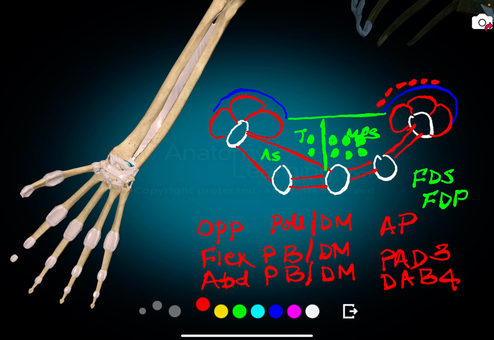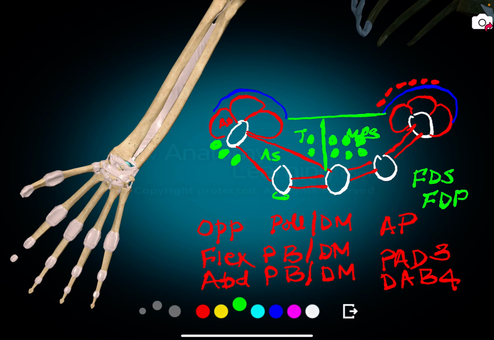After this, you see this is the abductor pollicis brevis, and adjacent to it is the abductor pollicis longus, and then you know that the two tendons here are abductor pollicis longus and extensor pollicis brevis. Then extensor pollicis longus.